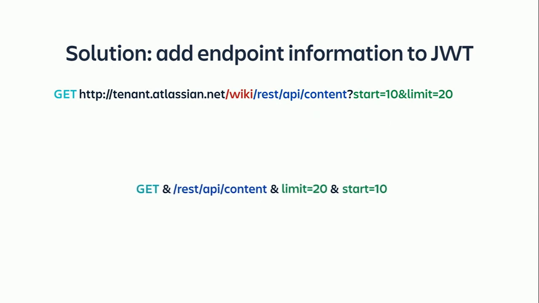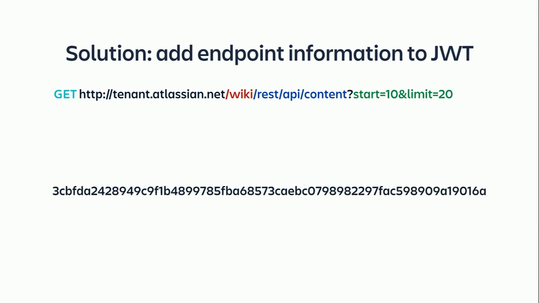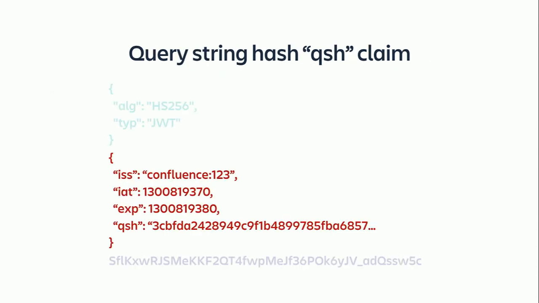Then we take that whole string together and we apply something called SHA-256 to it. This is another hashing function. It's a close cousin to HS-256, but it doesn't use a shared secret. It just uses the input itself. And then we get something like this. Then we can take this string and put it into our JSON payload as the QSH claim, or query string hash.